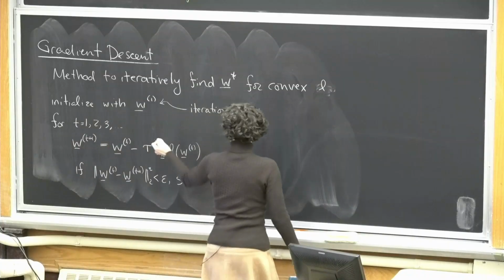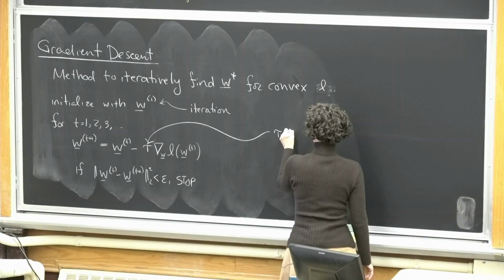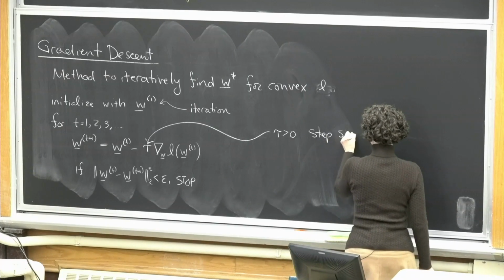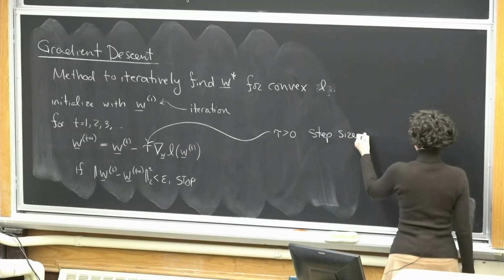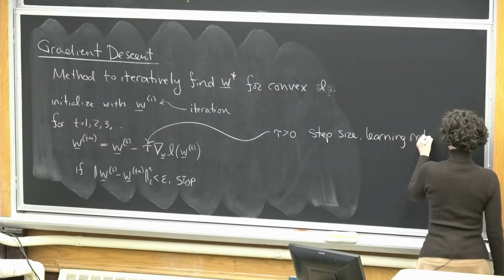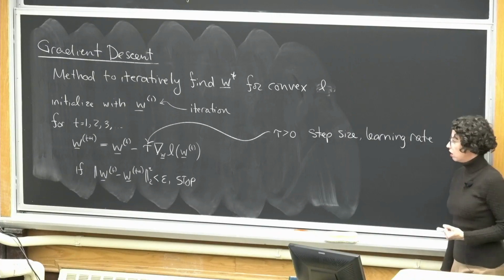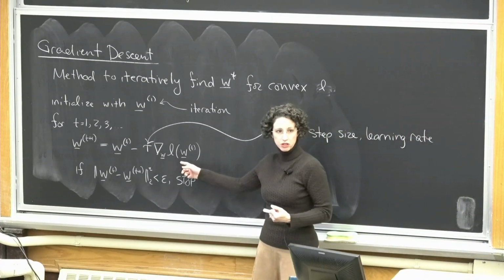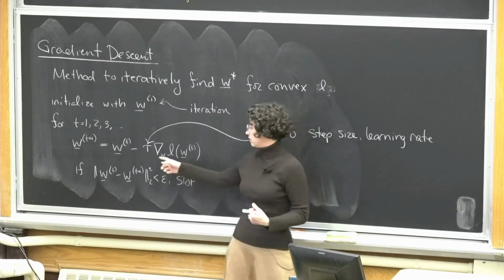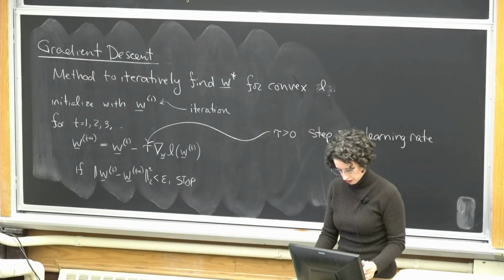In this, I have tau. Tau is a parameter greater than 0, and we call this the step size, or sometimes people will call it the learning rate. So the gradient of L evaluated at W is telling me in which direction to change my weight vector, and tau is telling me how big of a step or how big of a change I should make.